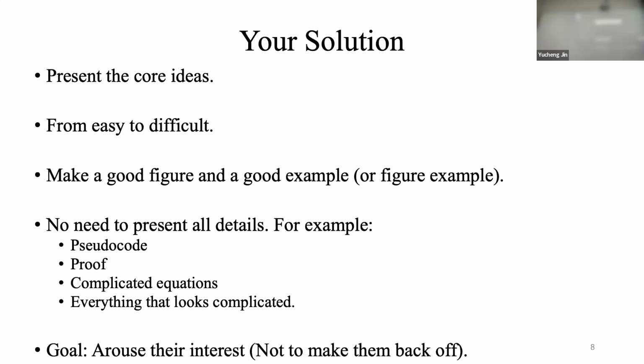You still have maybe 3 to 4 pages, just let the readers know the core idea of your solutions. And all those complicated things, if they are interested, they can go to the supplementary materials to read them. Otherwise I think they may be confused, and that's why not to throw them out, right?